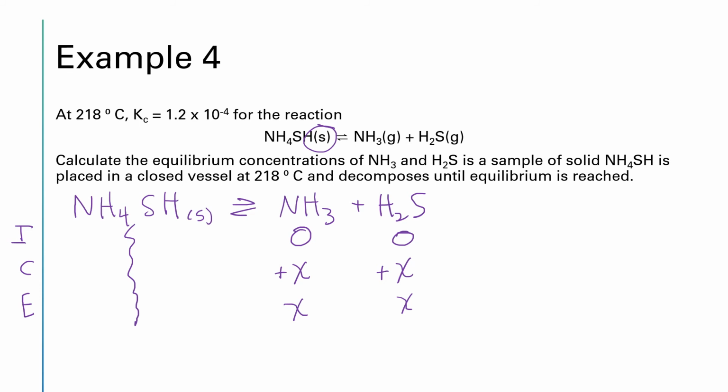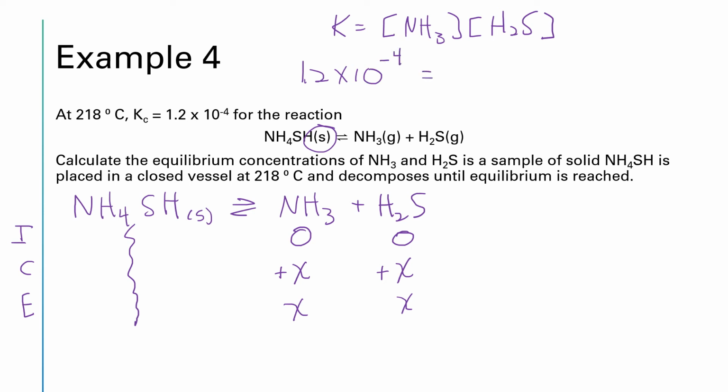Now, if I set up my K expression, K is going to be equal to ammonia times H2S. The reactant you could think of as being a denominator of 1, and then we don't normally write denominators of 1. K has a value of 1.2 times 10 to the negative 4.